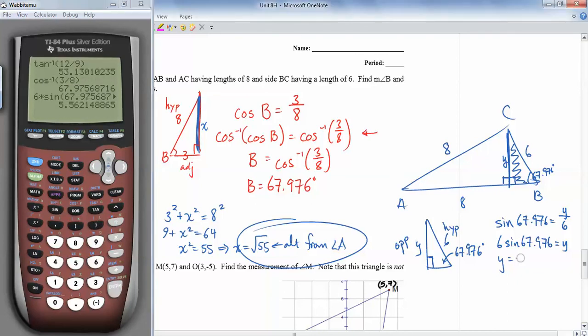Y is 5.562. So this is the altitude from C and the altitude from, oh, sorry, B. There we go.